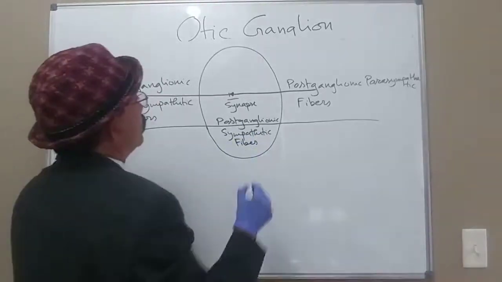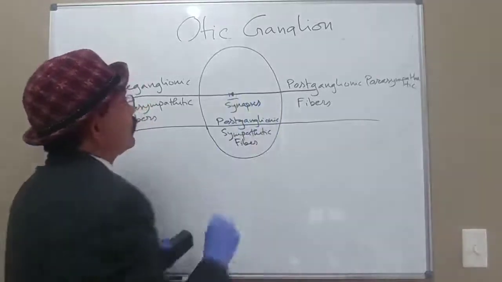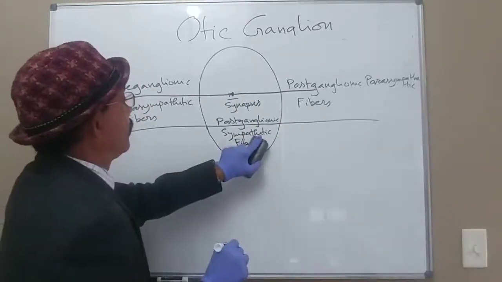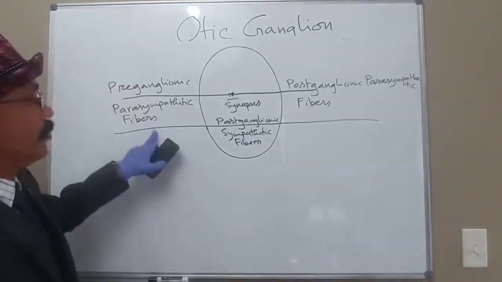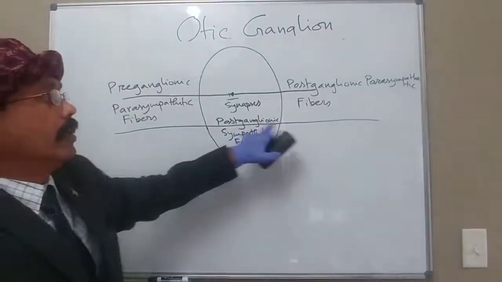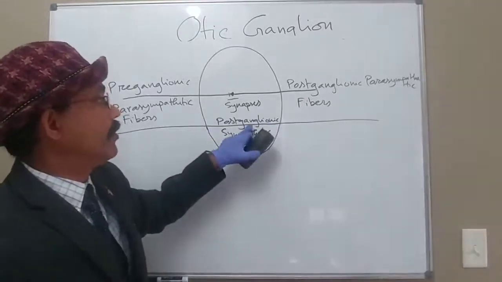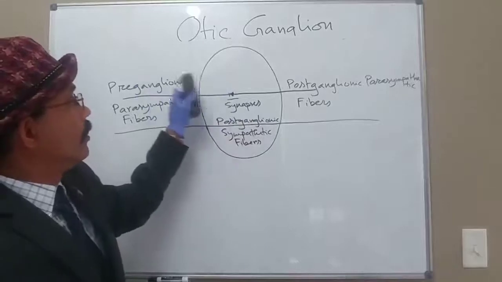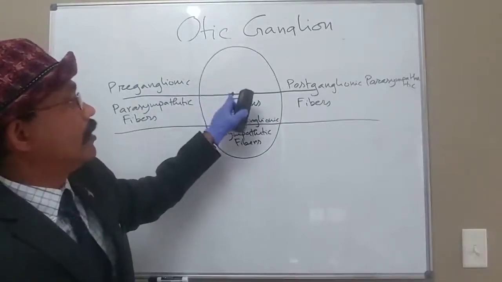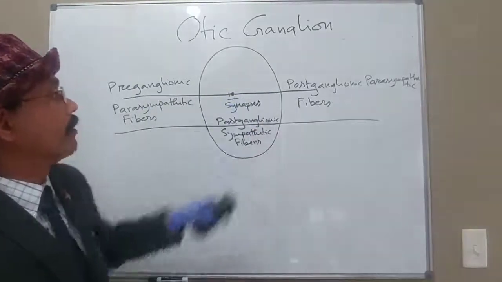This is postganglionic, this is postganglionic, this is postganglionic. There is no synapse, no relay. Here there is a synapse. That's why the preganglionic relates to the postganglionic from here.